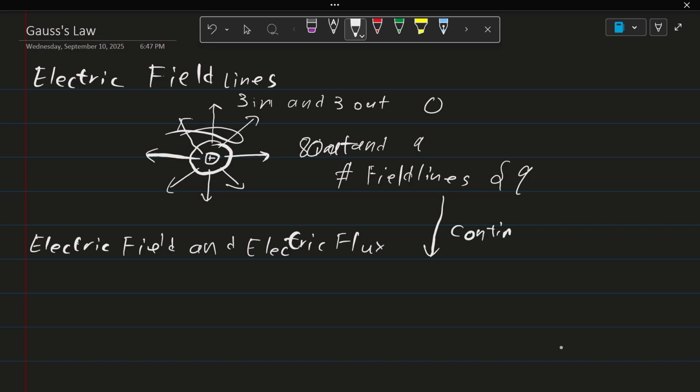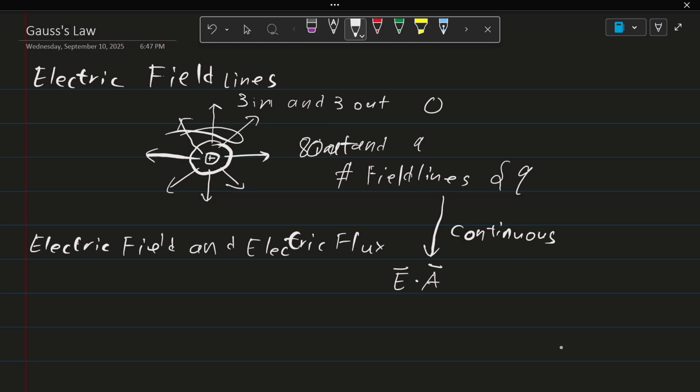The easiest way to compute these things when it goes continuous is by taking the electric field multiplied by the area. But here I will put the area into a vector because we want a scalar quantity. So we have the electric field multiplied by the area vector, pointing in the normal direction.